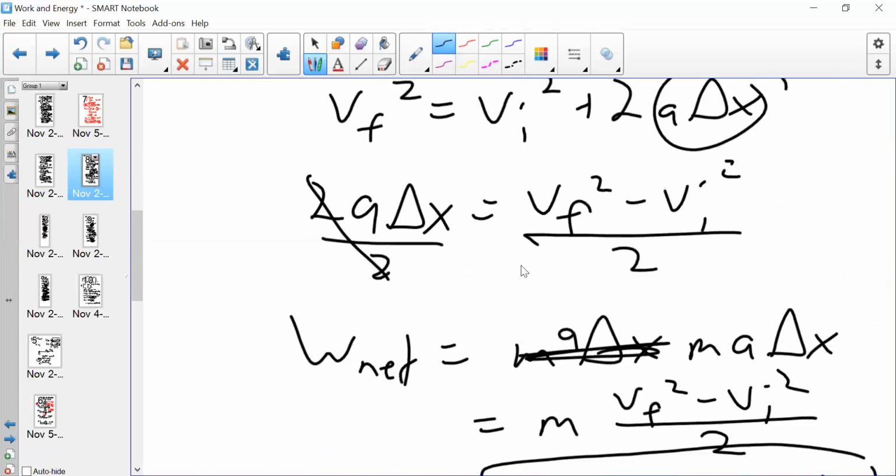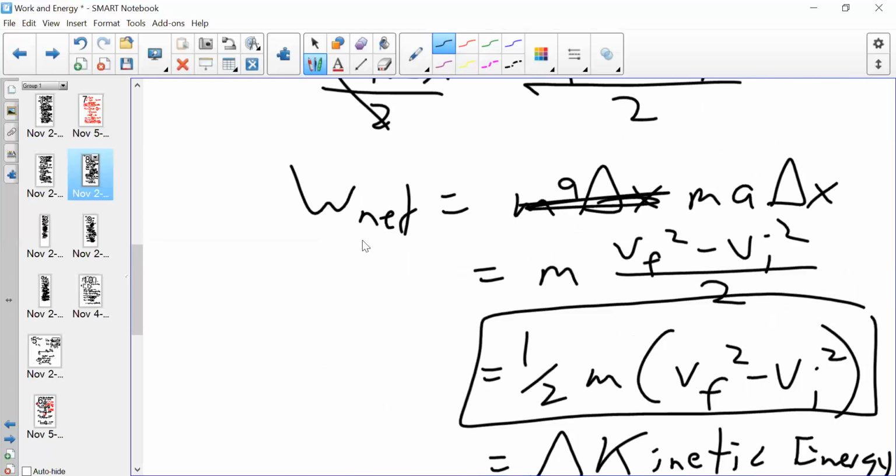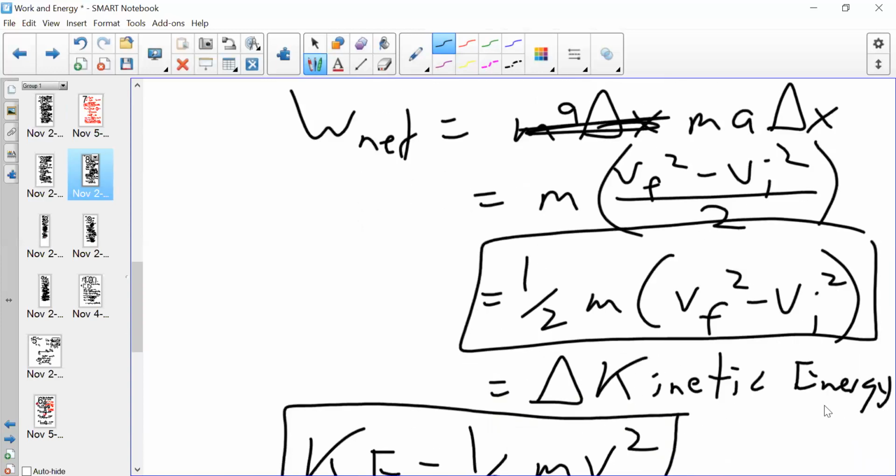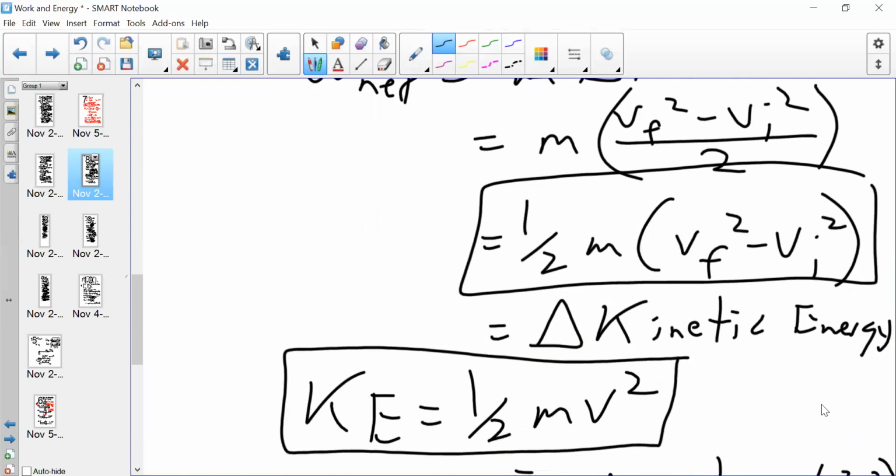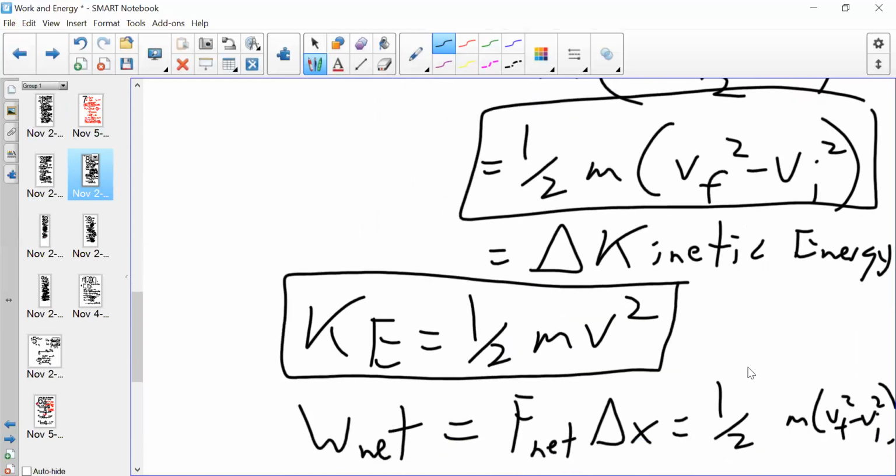Now I'll go back to substituting at the top there. Net work is equal to m a delta x, and m a delta x is equal to this. Simplify everything out, and I get my famous equation for kinetic energy: 1/2 m times vf squared minus vi squared, which in this case is a change of kinetic energy. From the definition, kinetic energy itself is equal to 1/2 m v squared.